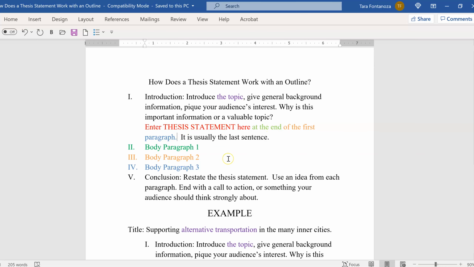Why? Because I want you to see how this particular sentence or statement is going to line up with the rest of your outline. So it says enter thesis statement here. Why do I say that? Because at the end of your introduction, it's not a hard rule 100% of the time. It's 85, 90% of the time.